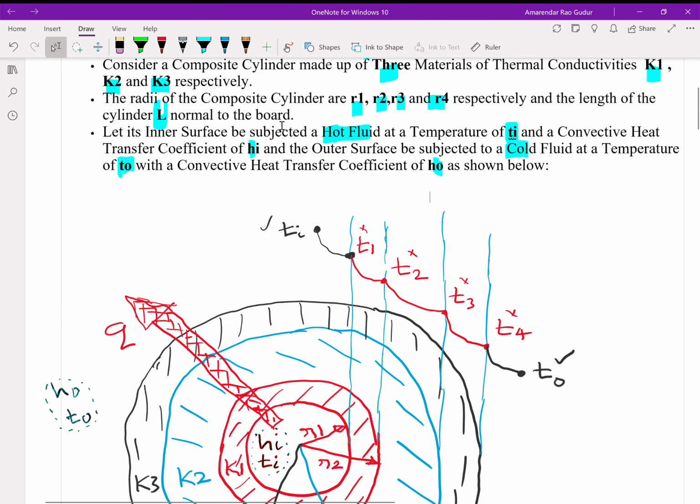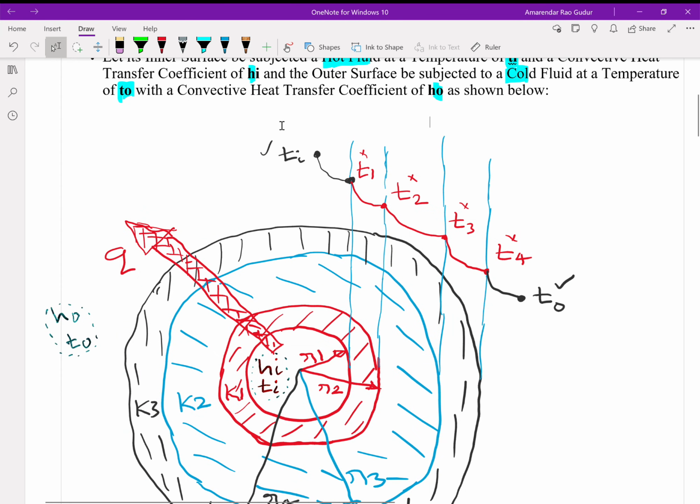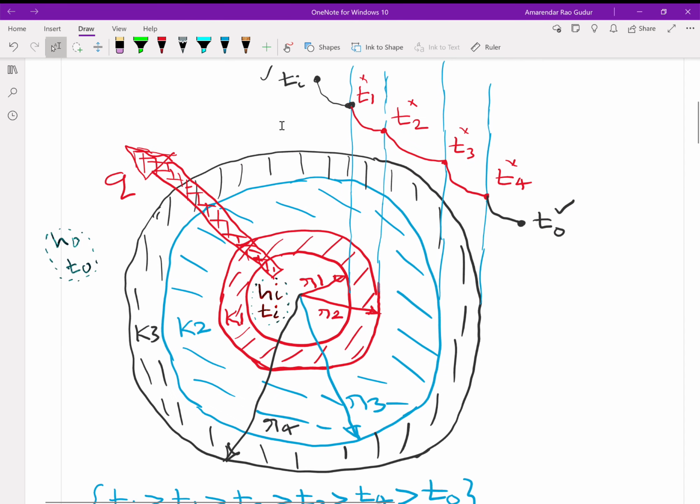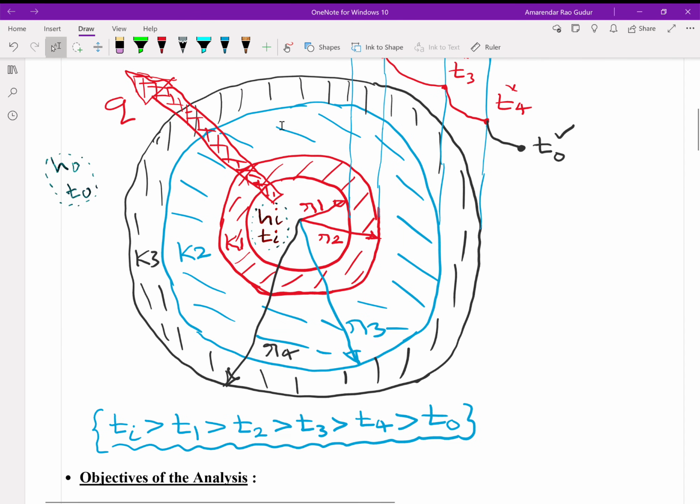At the same time, we can as well have otherwise. We can have a cold fluid inside like a refrigerant and hot air outside. In that case, everything is same, but the direction of heat transfer is going to be opposite, reverse. So the result is going to be negative, indicating that Q is in the opposite radial direction or decreasing radial direction.